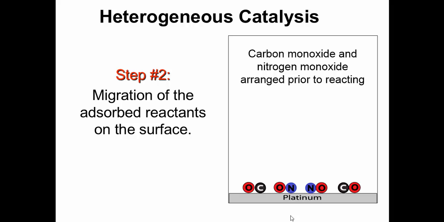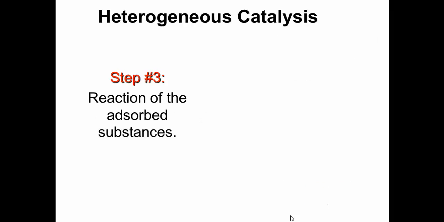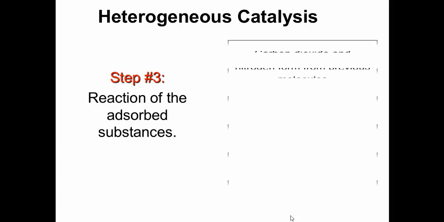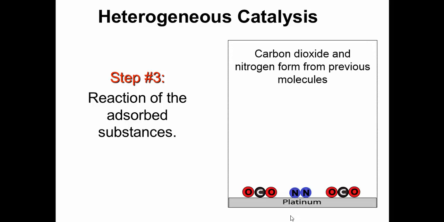Well, wouldn't this work for copper? No. Copper does not have this effect on carbon monoxide or nitrogen monoxide. So you won't see copper as a catalyst, but platinum does work. The molecules sitting on the surface of the platinum, which is the catalyst, have an orientation that favors a chemical reaction.